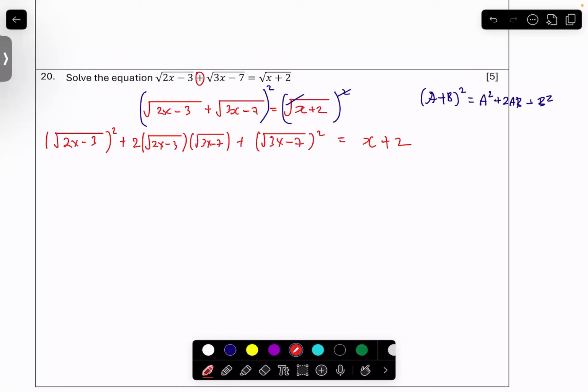Although the square gets rid of the square root here and here, we didn't manage to get rid of the square root for this middle term.